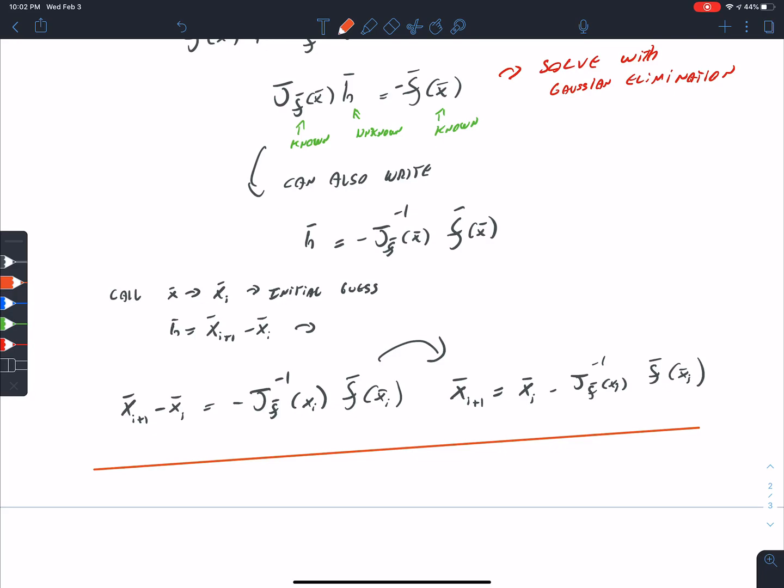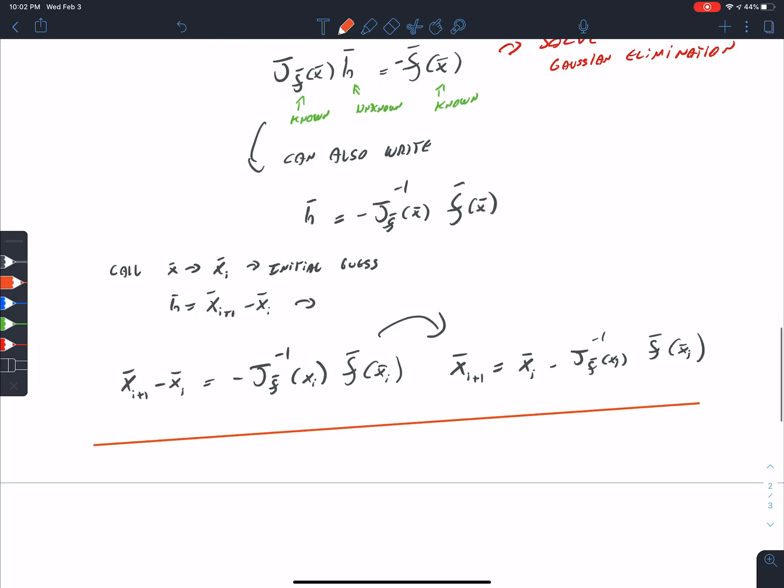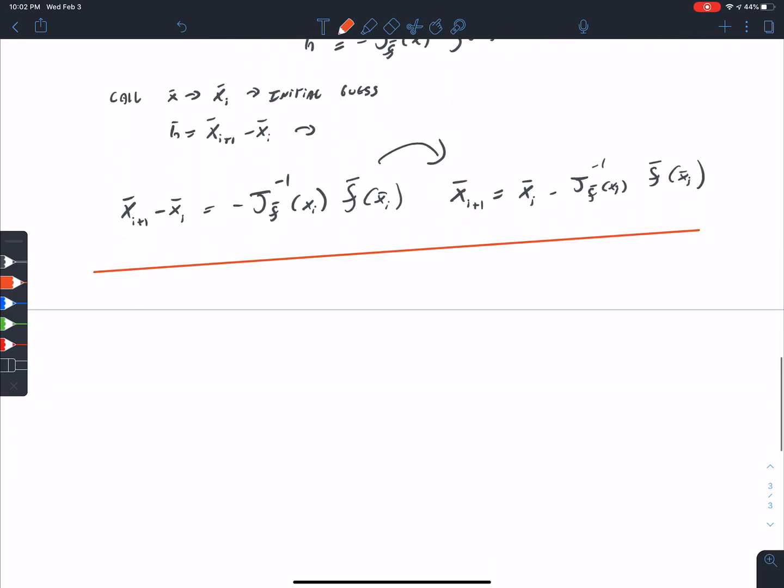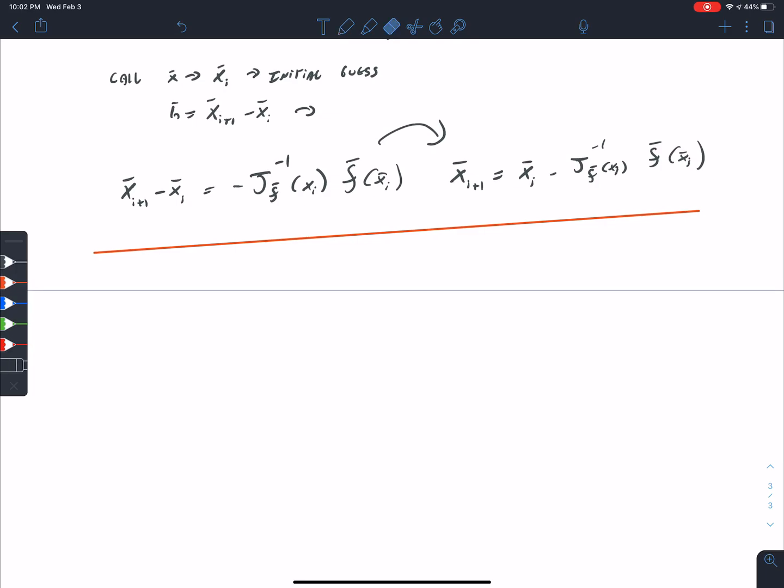So let's solve this exact example here, where we have our vector. Let me state this again because it's kind of up there. We have f1 of x, y equals x squared plus xy minus 10.